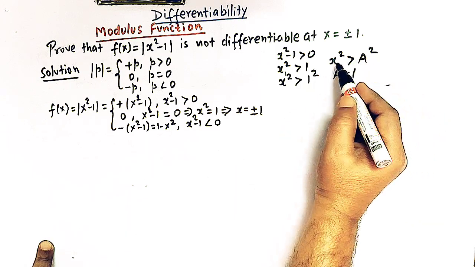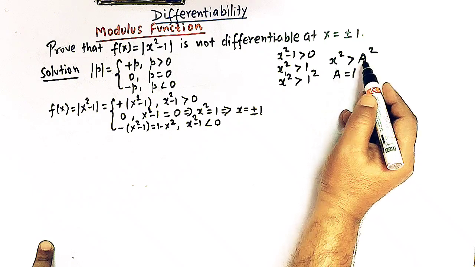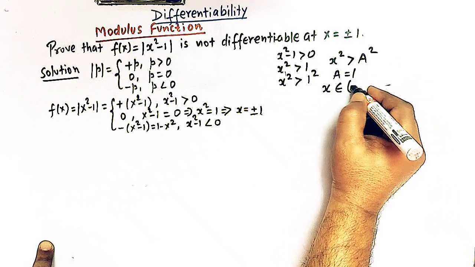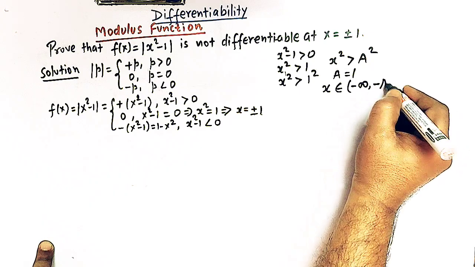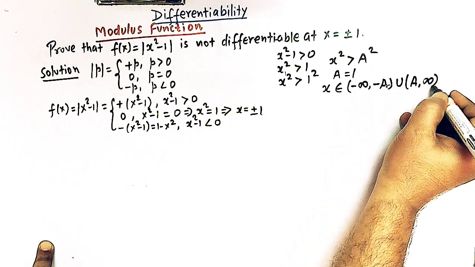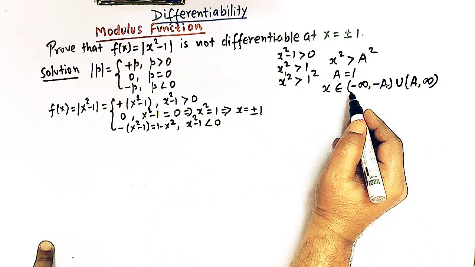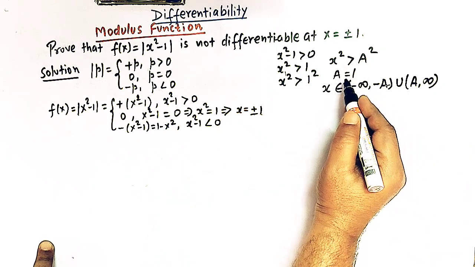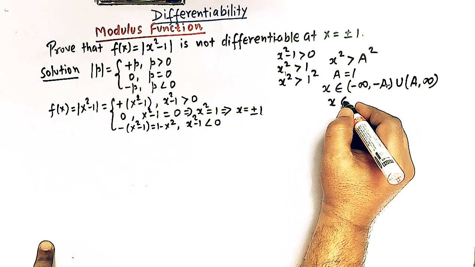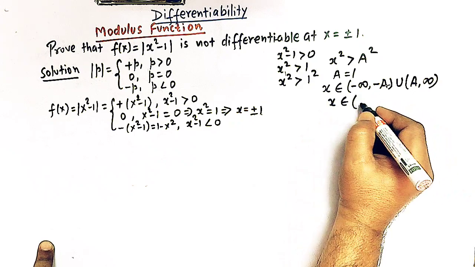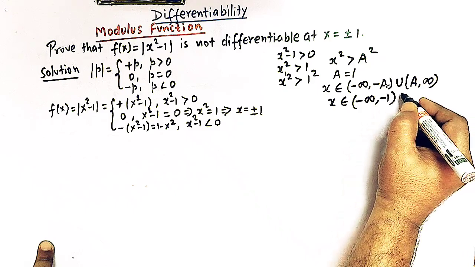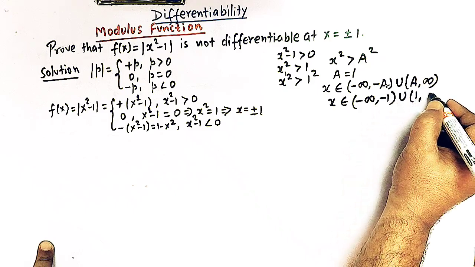The solution of these type of inequalities is given by x belonging to the interval minus infinity to minus a union a to infinity, right? Here we are using the direct result. So the solution of this inequality is given by x belonging to minus infinity to minus 1 union 1 to infinity, right?